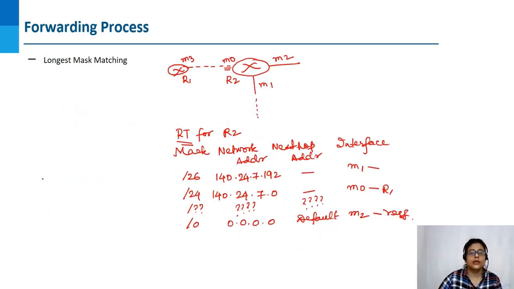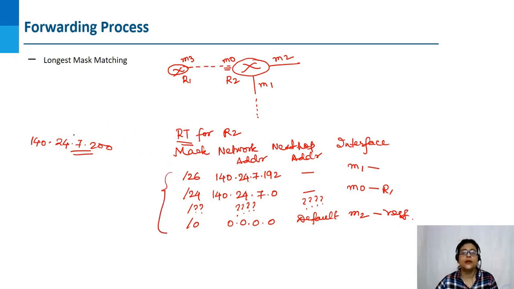Here we said that the destination is 140.24.7.200. Now, longest mask matching means the table is properly reordered, as the longest mask should be at the beginning. So /26, then /24, and then the rest.